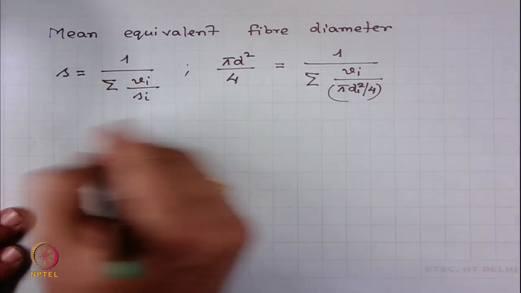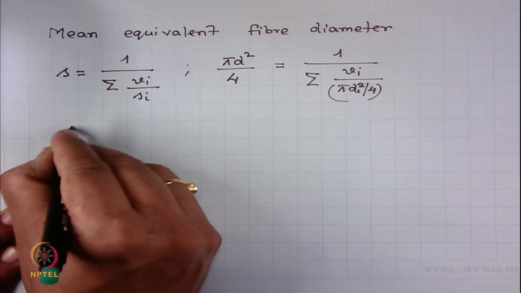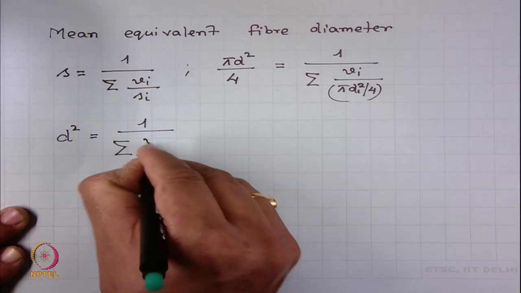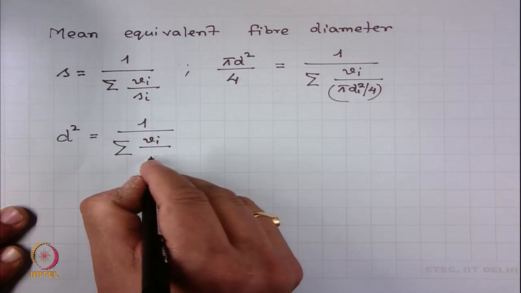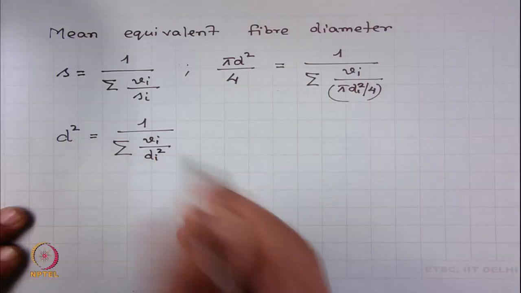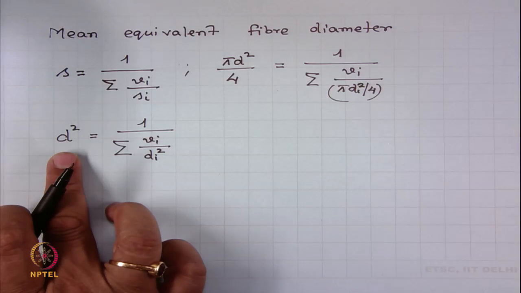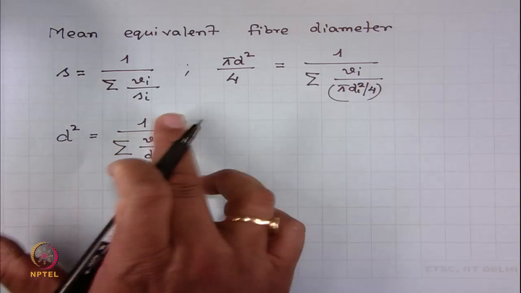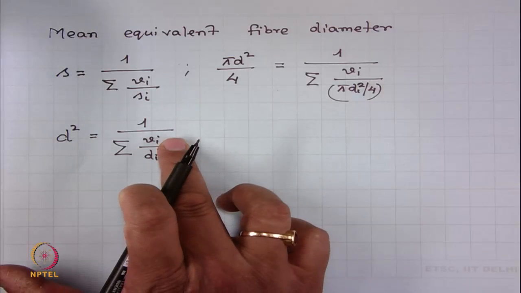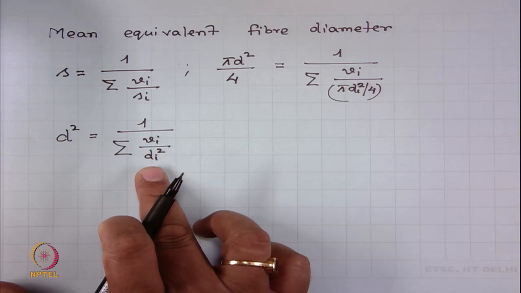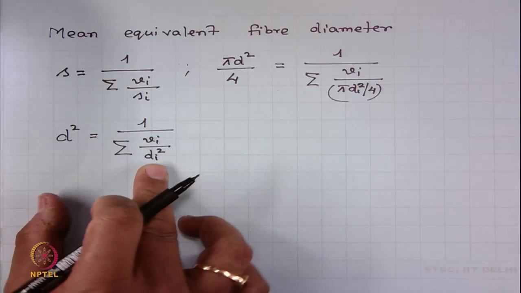So, we can write down that d square is equal to 1 by summation volume fraction by di squared. So, square of mean equivalent fiber diameter is equal to 1 divided by summation of volume fraction of ith component by square of fiber diameter of ith component.